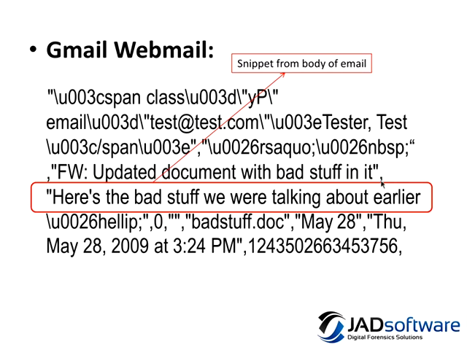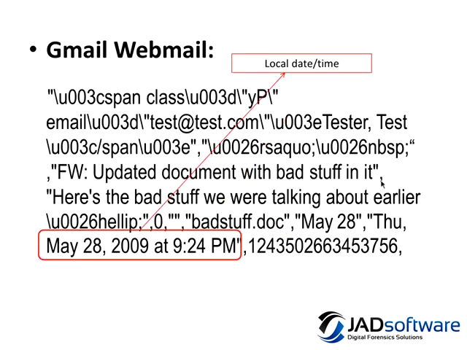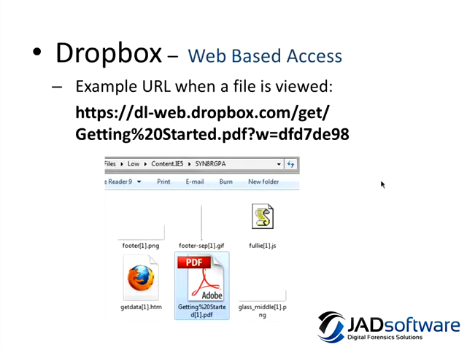So this is kind of the first part of the email, and you can see that in your inbox view, just the first part of the conversation that's in that email. This email has an attachment, so you can see the file name there, and then after that you've got dates and times. So this is a local date and time, and again, you've got date and time in UTC, in the Unix format, so again, a nice way to see what the time zone was.